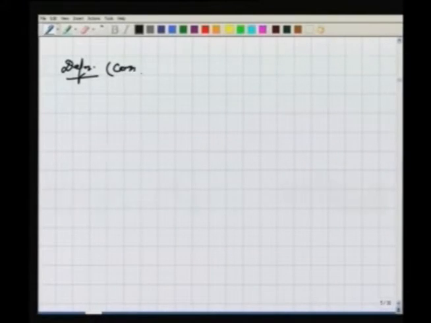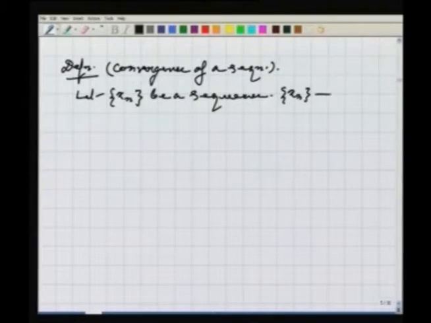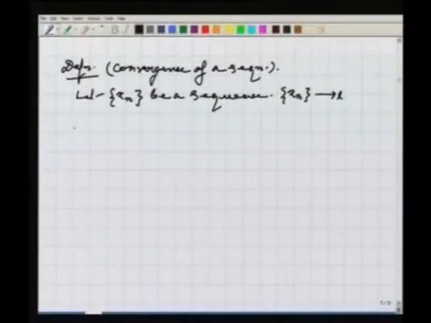So, we are going to define convergence of a sequence. Well, let x n be a sequence. We say that x n converges to a real number L, in symbols x n arrow L, if the following happens.